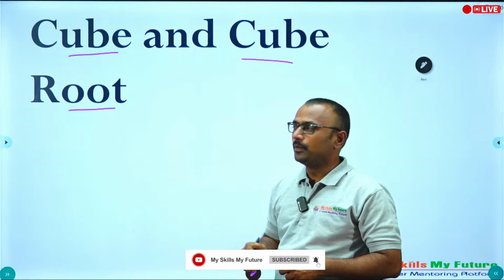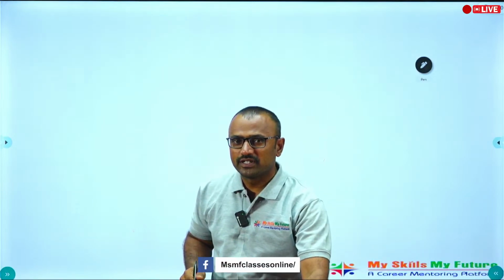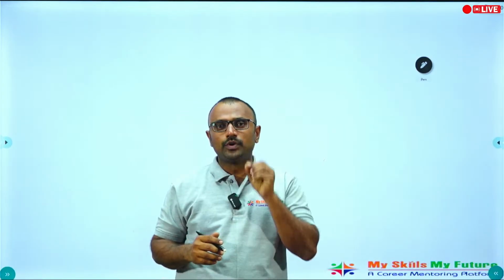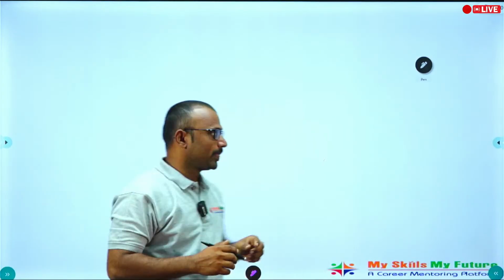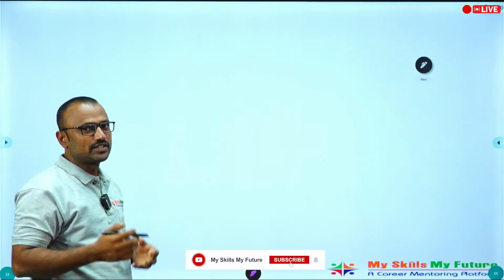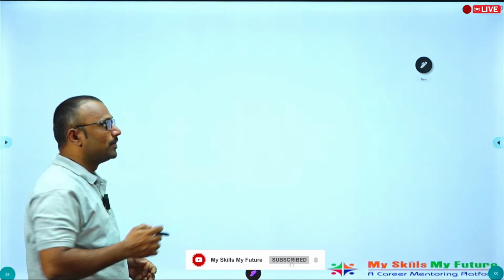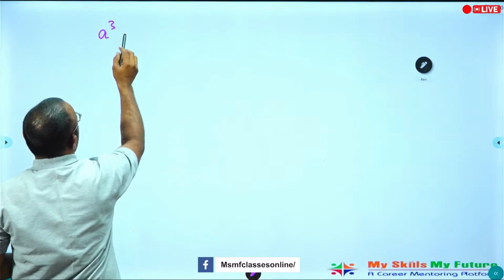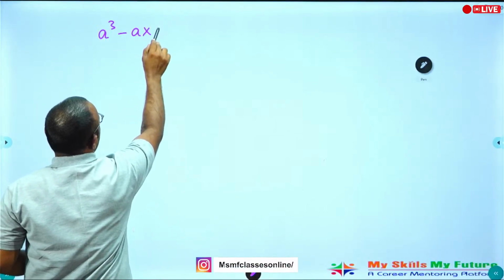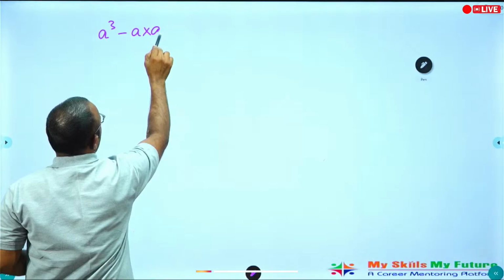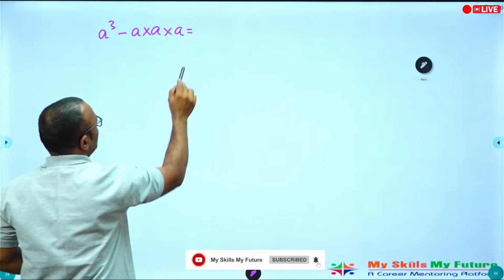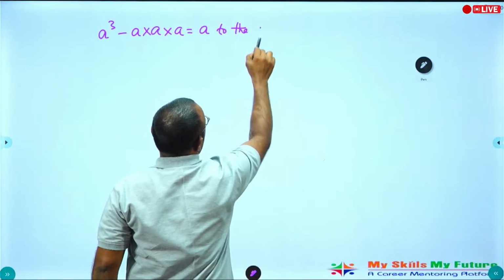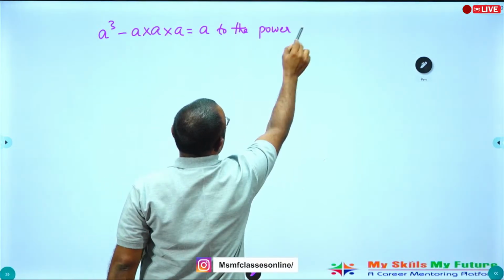First of all, the aspirant must know the minimum cubes from 1 to 10. Before going to discuss, what is a cube? We can say a power 3 is nothing but a cube: a multiplied by a multiplied by a, that is a to the power 3.